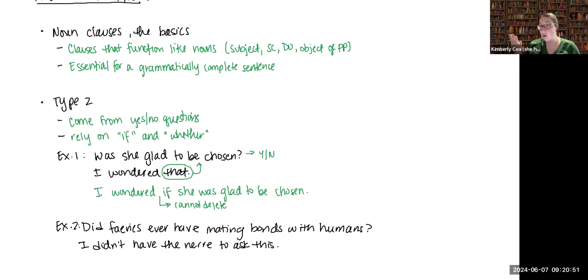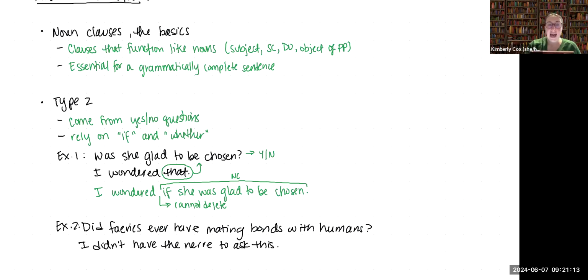So the sentence doesn't quite make sense on its own without this noun clause. And this is what we have. It's a clause that's functioning in the same way a noun does. So we're replacing that with the full clause, okay?